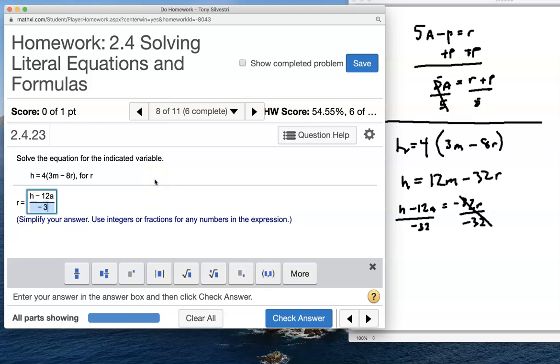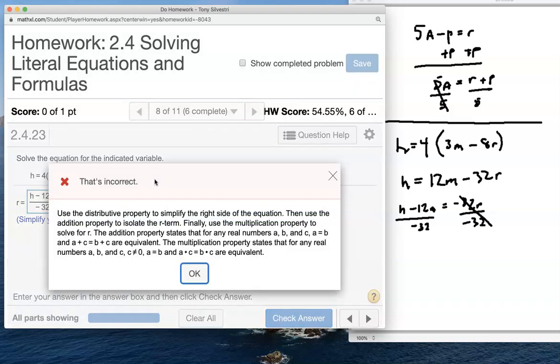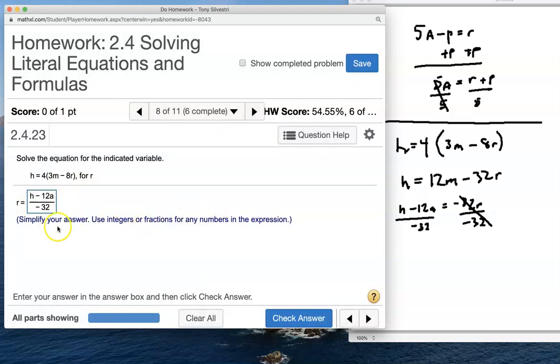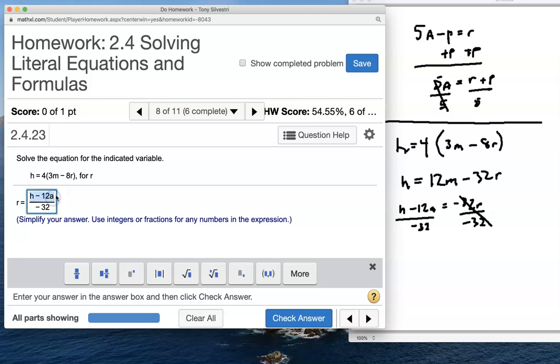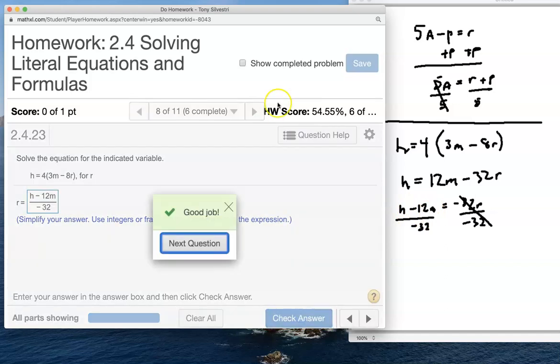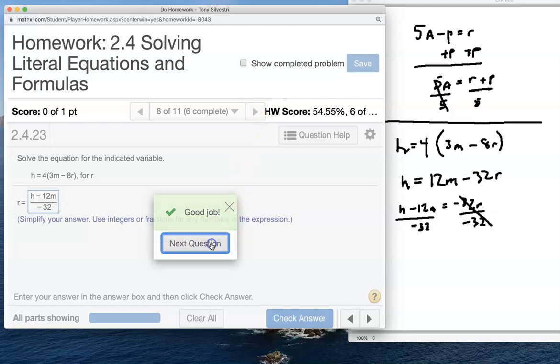Oh, okay, it didn't take it. It doesn't like this minus 32 in the bottom. Okay, so here's what you... Oh, first off, it's not A. Wait a second. That's 12m. That's just being messy. H minus 12m. All right, you took it. First time it didn't take it because I put a wrong variable in there, so don't do that.